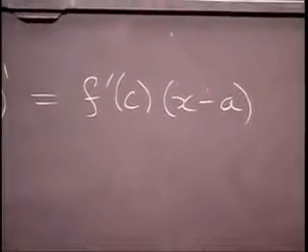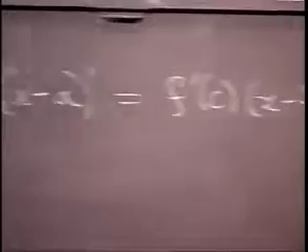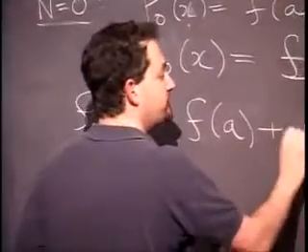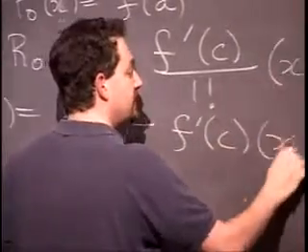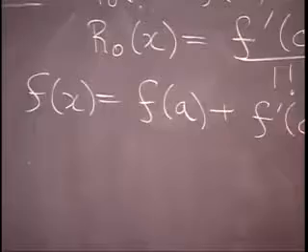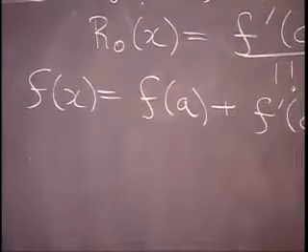Okay, so according to this theorem, f of x is the sum of these two. It's f of a plus f prime of c times x minus a, where again c is between x and a. So that's a special case of this theorem.